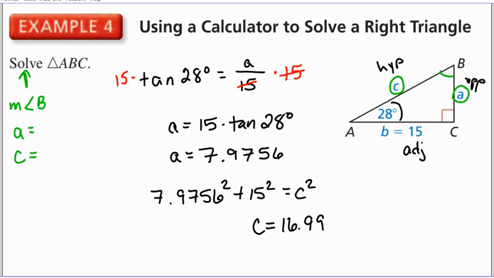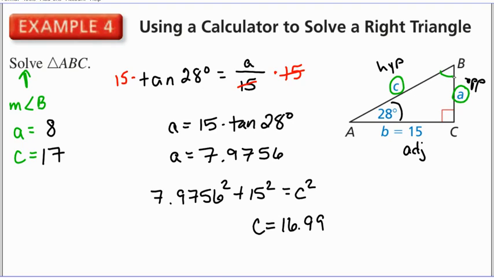Okay, if it says round to the nearest whole number, you could round a to just 8. You could round c to just 17. Okay, we still haven't found the measure of angle B. Well, that's probably the easiest one to find. I know that this is a 90-degree angle and this is a 28-degree angle.